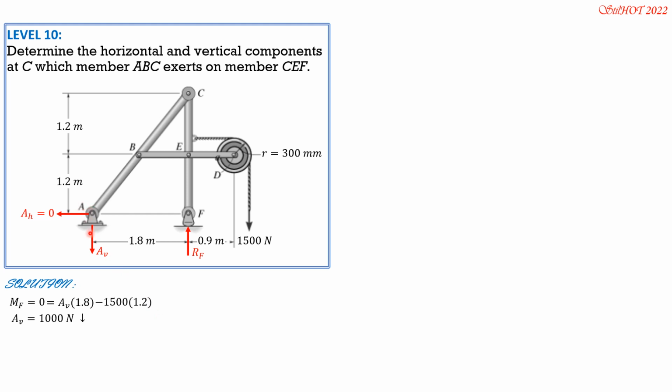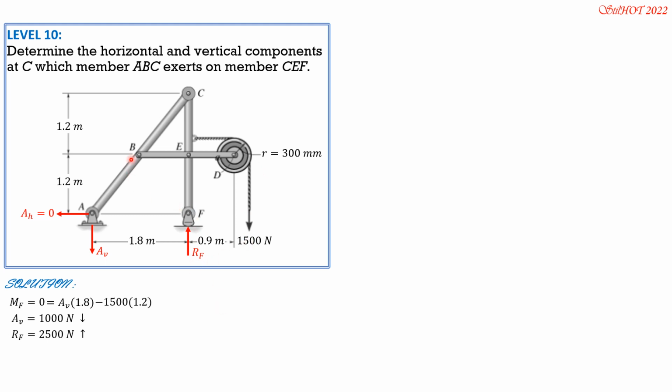So if AV is downward 1,000 plus another downward 1,500, meaning by summation of vertical forces, RF equals 2,500. So I just put it 2,500 upward to shorten the solution. Anyway, 1,000 downward plus 1,500, so that's 2,500 upward.